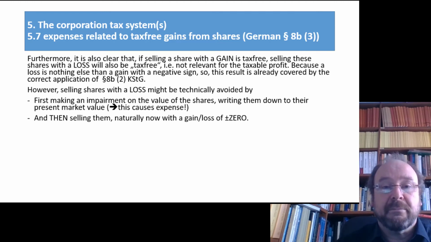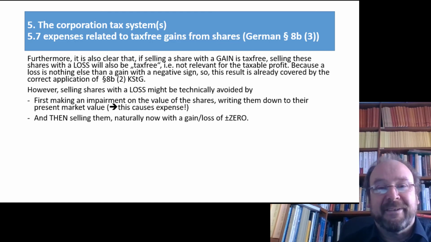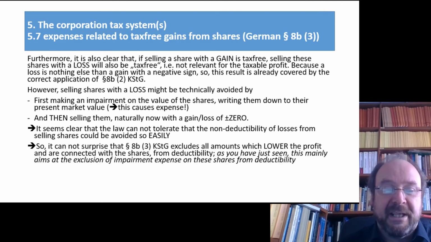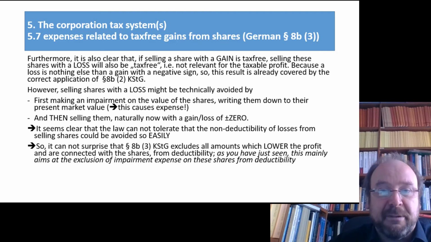Naturally, if a loss is tax-free, so not deductible, then a logical consequence is that you also have to declare an impairment expense as not deductible. If not, the whole thing would create fits of laughter for everybody who knows about bookkeeping rules. And so it's clear that we have also in 8b3 a rule that amounts which lower the profit and which are connected with those shares which are covered by 8b2 are not deductible.